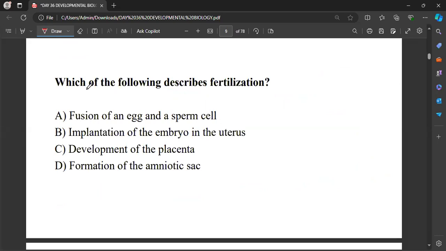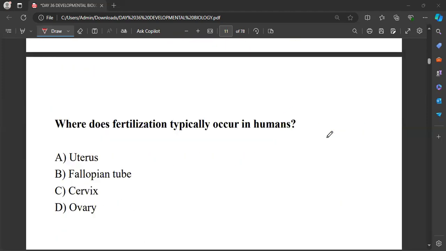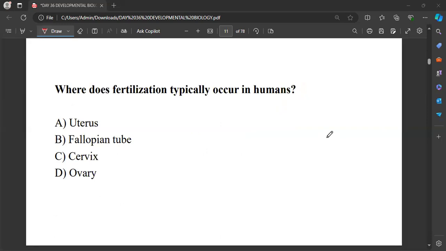So, the answer for this question: which of the following describes fertilization? That will be the fusion of an egg and a sperm cell. Where does fertilization typically occur in humans?